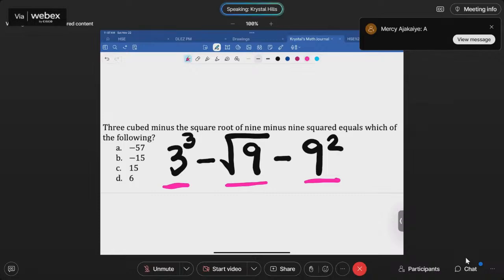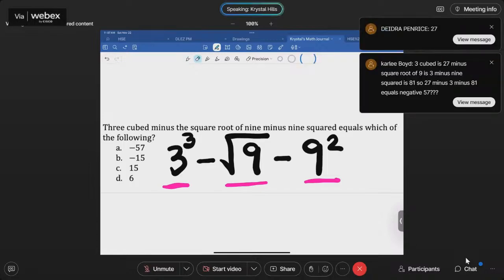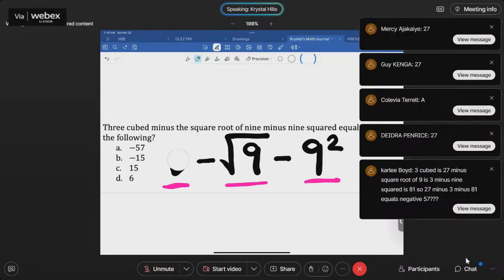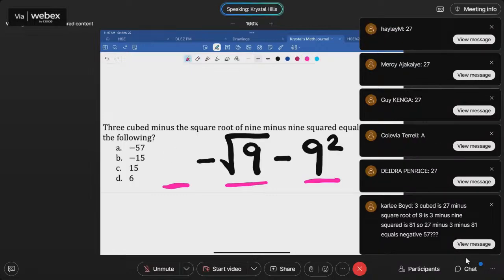So what I'm going to do now is translate my symbols into numbers. What is 3 cubed? How much is 3 cubed? 27. So I'm going to put my 27 there.